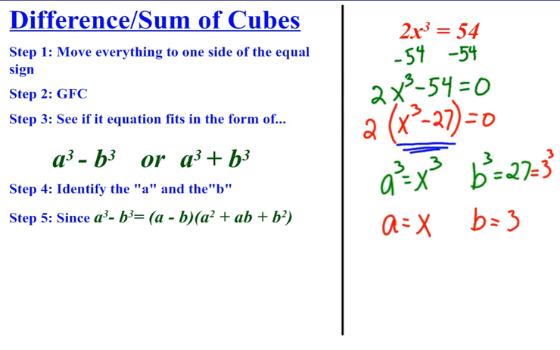Since our formula is a cubed minus b cubed goes to a minus b, a squared plus ab plus b squared, we're going to plug that into our formula. So in the first set of parentheses, we have a minus b, so x minus 3. In the second set of parentheses, we first have to square our a value. So that's just x squared in this case, plus a times b. So 3 times x is 3x, plus b squared. 3 squared is really just 9.